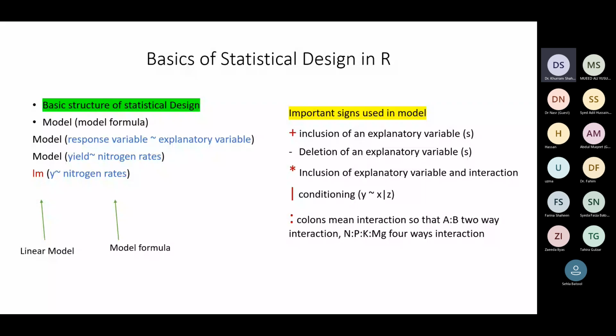I said I will build your basics of statistics in R, and if you understand these things, you can run the commands in R. So this is the summary of statistical models in R software.